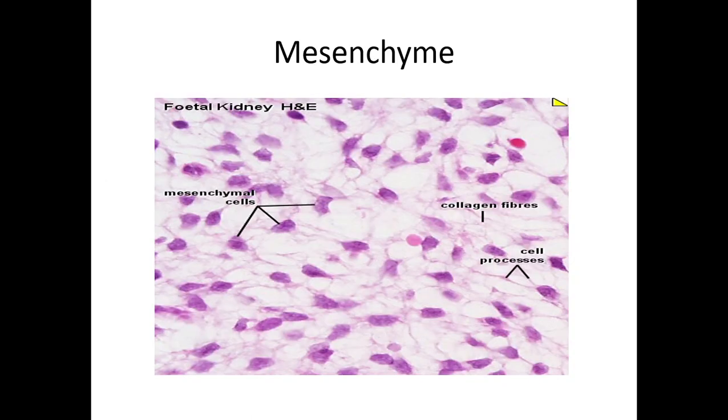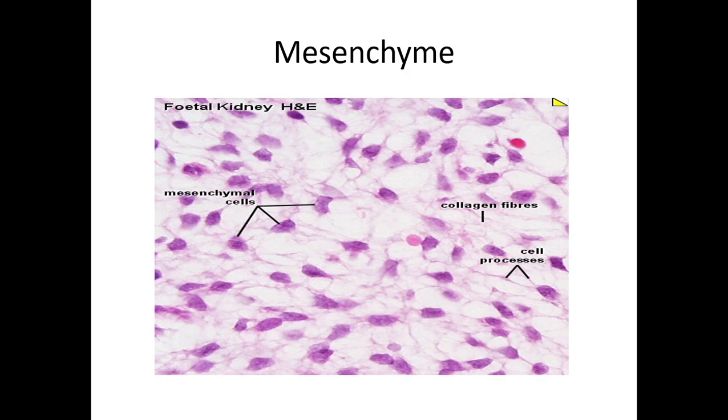This is the illustration of the mesenchyme, the precursor of connective tissue in the body. So this is the youngest type of connective tissue in the body. So this slide is a fetal kidney wherein this has been stained using the H&E staining technique, or the hematoxylin and eosin technique.